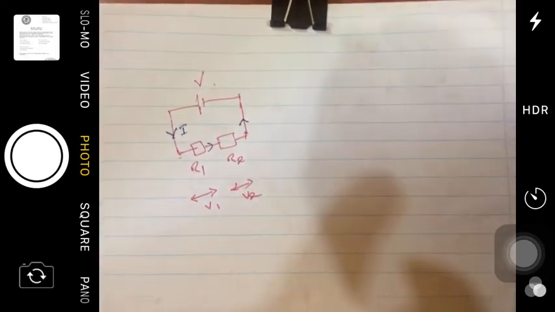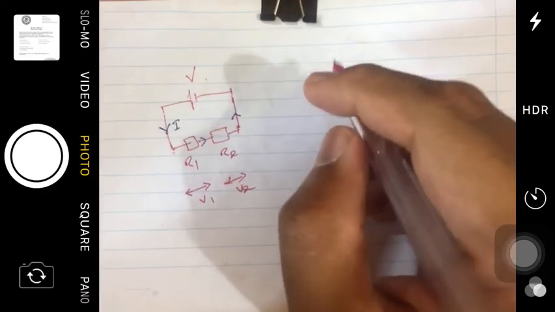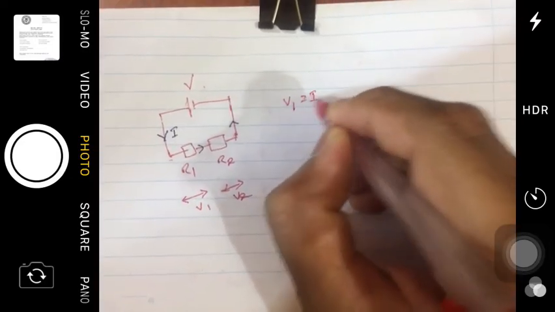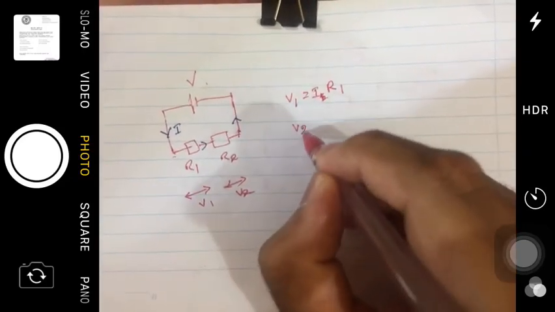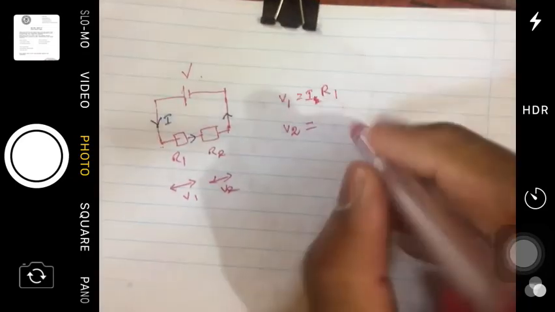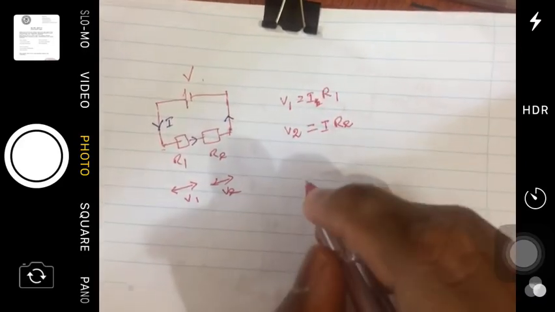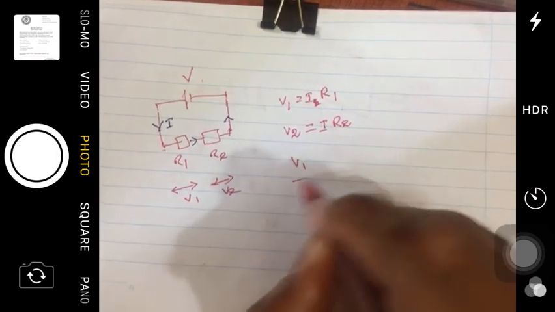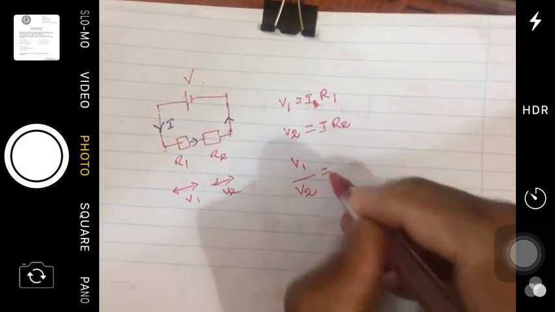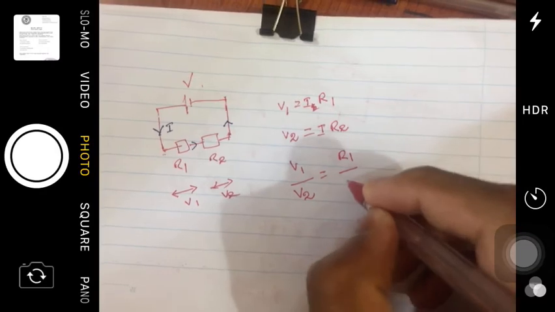Which means that if you write an equation for V1, that would be I times R1, and if you write an equation for V2, that would be I times R2. So the ratio of both of these voltages, V1 over V2, would be equal to, if you divide these two equations, the I's will cancel off and you will have R1 over R2.